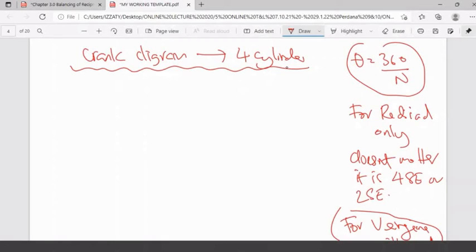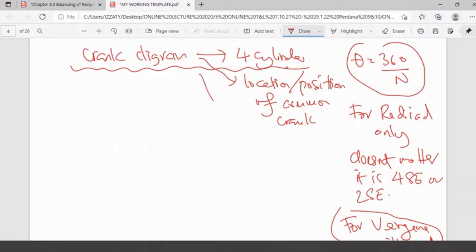Look at here. They will give you 4 cylinders. They will give you one location or position of the common crank. They must provide it. If they do not provide it, you have to make your own assumption.